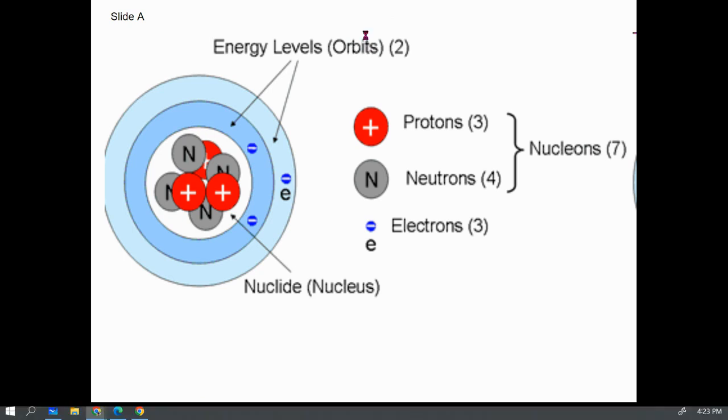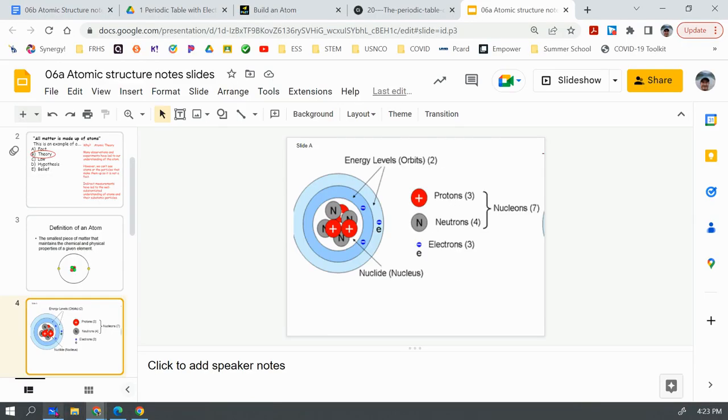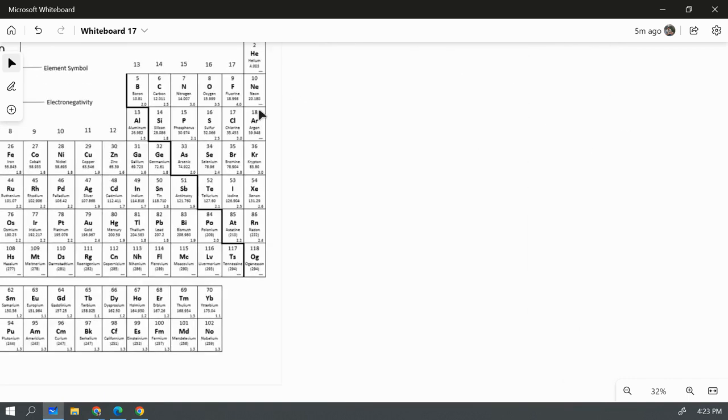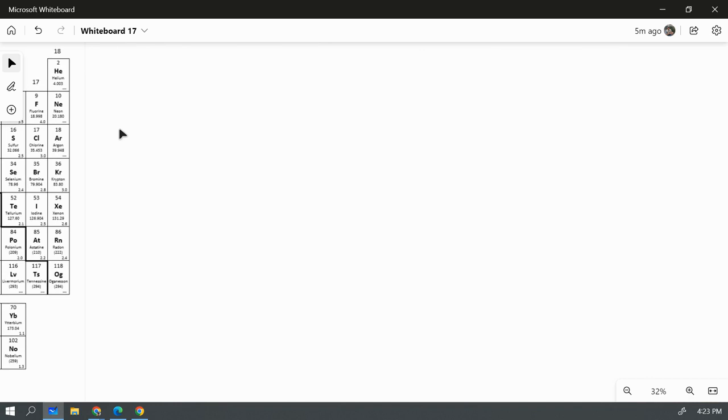Let me give you another example of how I might draw that. All atoms, here's our periodic table here, all atoms are made up of three subatomic particles. I'm going to label those protons, neutrons, and electrons.